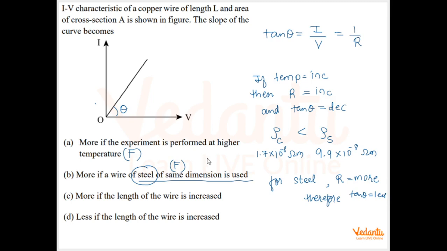Now next is, if the length of the wire is increased. Now in this case, remember R is equal to rho L by A. So if length is increased, then in that case the value of resistance will become more, and in that case tan theta value will become less.